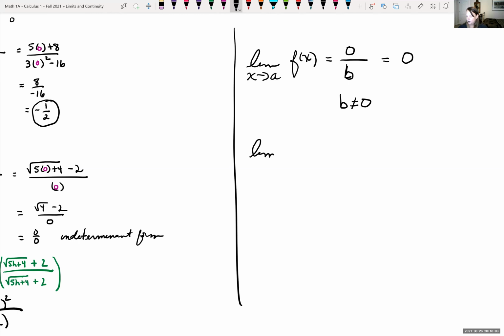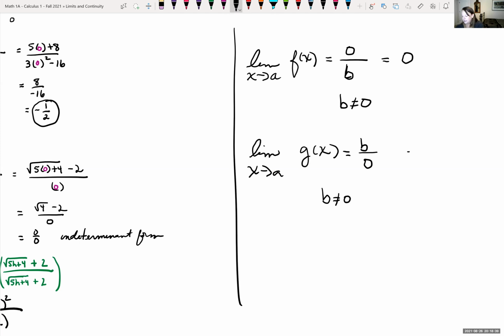Or let's say we were doing this limit as x approaches a of some function g of x. And let's say you plugged in x equals a for x into that function, and you got something in the form of, let's say, b over 0. Again, b can't be 0, because if it was 0, that would be indeterminate. But recall, we can't have 0 in our denominator. So if that is a number other than 0 in our numerator, this is undefined, or the limit does not exist.